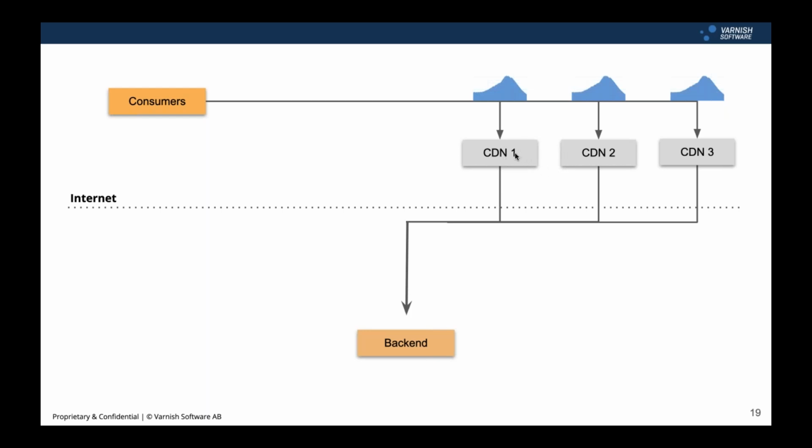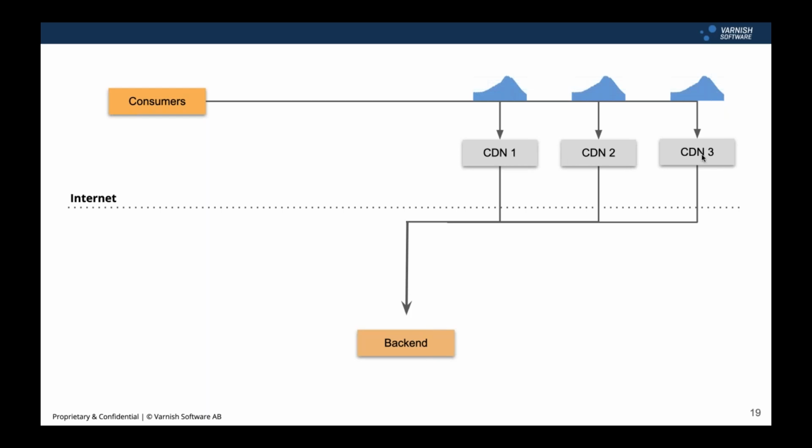Please do know that CDN 1 doesn't talk to CDN 2, and none of them talk to each other, which means that if we are requesting content A from CDN 1 and CDN 1 doesn't have it in cache, it will go to the backend and fetch it. If another user requests content A from CDN number 2 and CDN number 2 doesn't have it in cache, again, it will trigger another backend request.